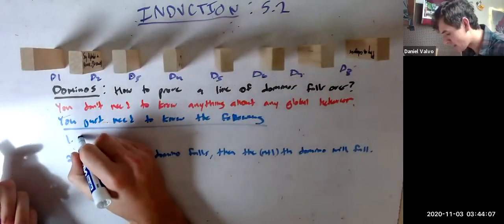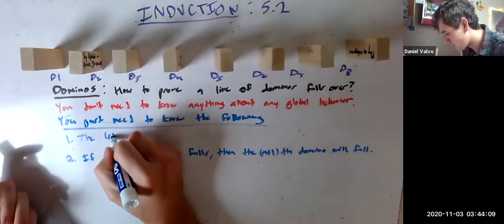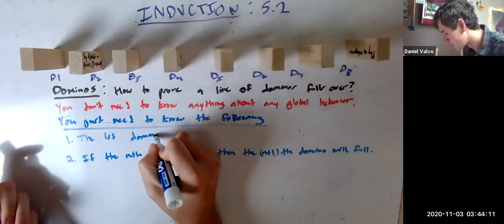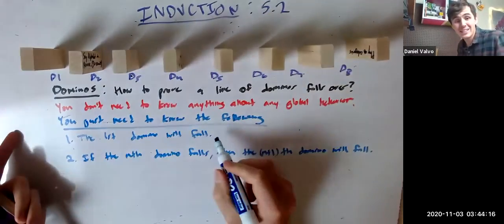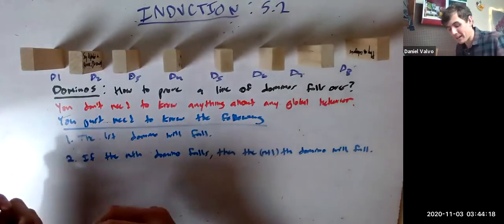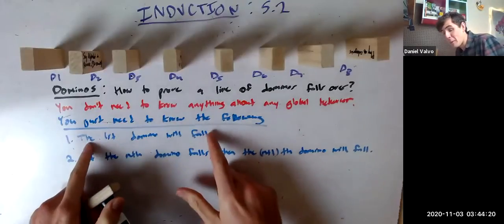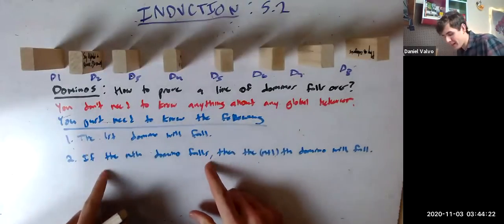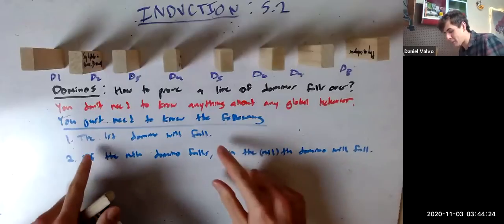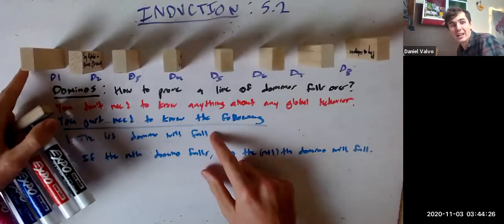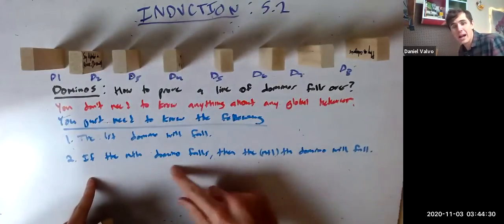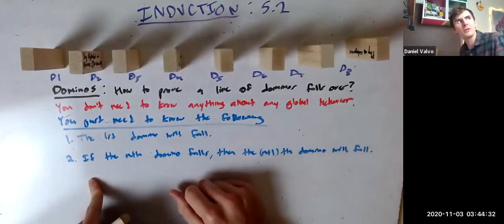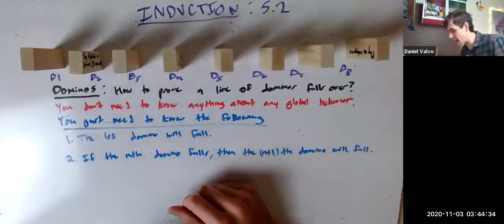You need to know that the first domino will fall. I left that one blank because a lot of people forget this, but it's incredibly important right here. You need your base case, what this will be called later, and then you need this step right here. So the base case just starts off the chain reaction, and then this tells you the chain reaction will work in perpetuity. That's a word, in perpetuity.